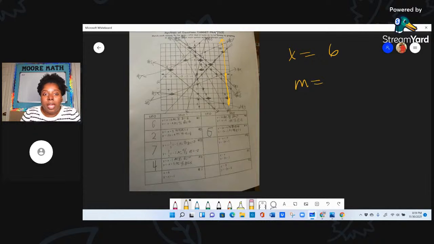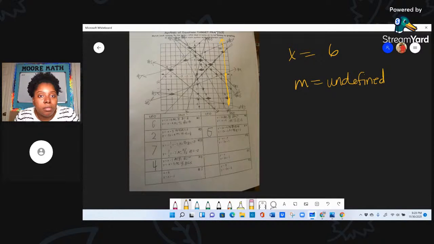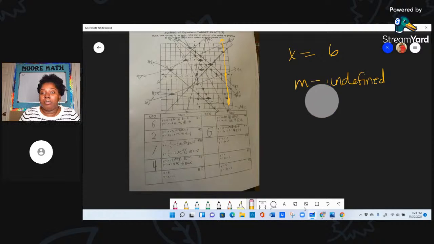And B, it doesn't touch the y-axis, so there's nothing there for B. There's no y-intercept because it doesn't touch that y-axis at all. So all of it is undefined.